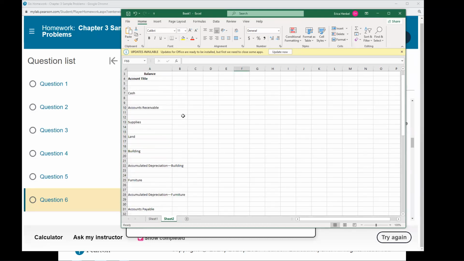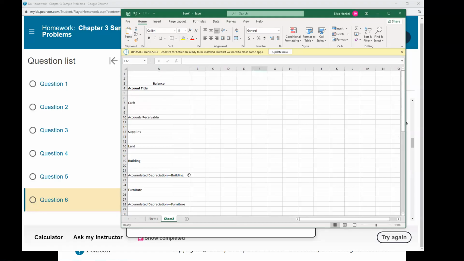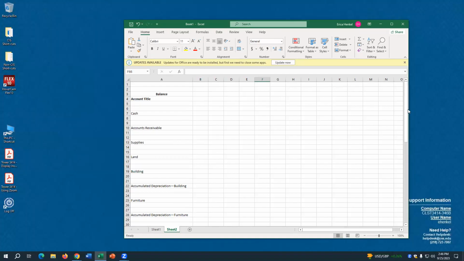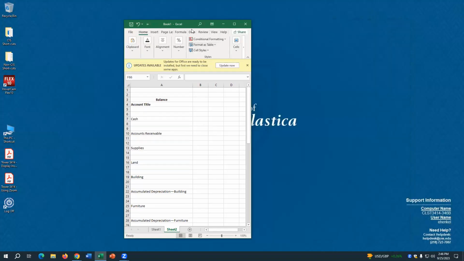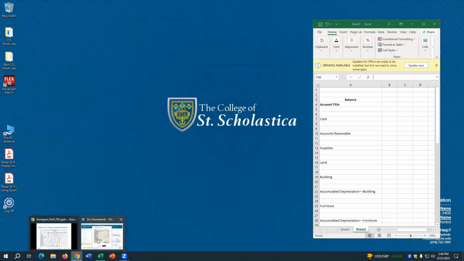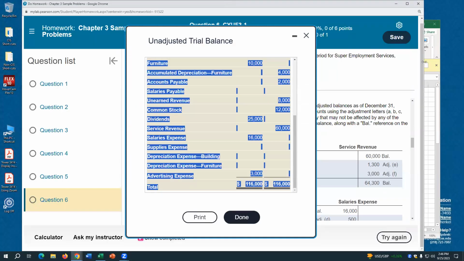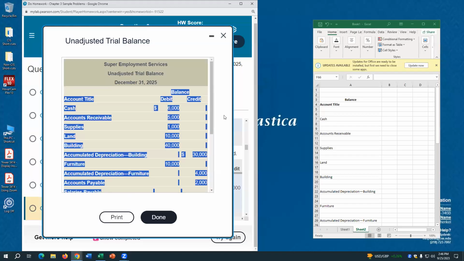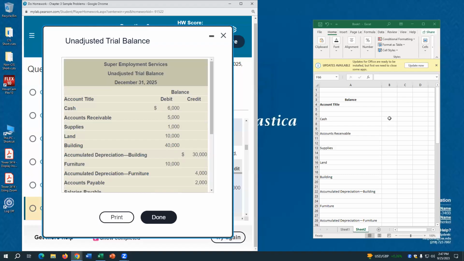So if I was doing this in a worksheet format, I would go through my unadjusted trial balance here, and I'd start off with these balances, and we want to have a debit column.